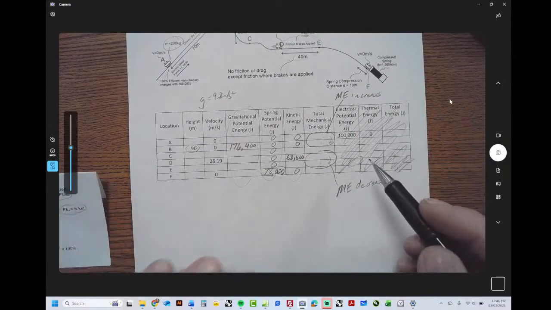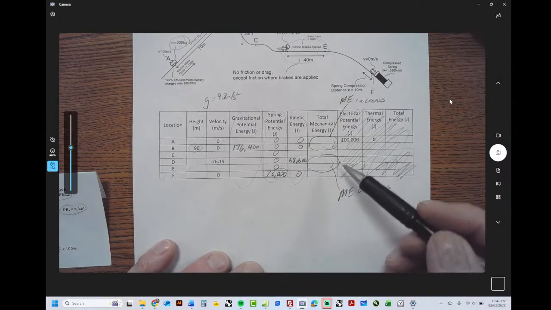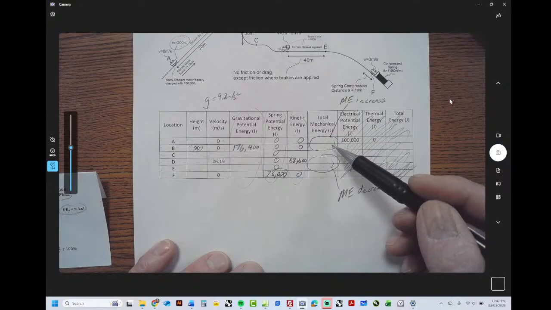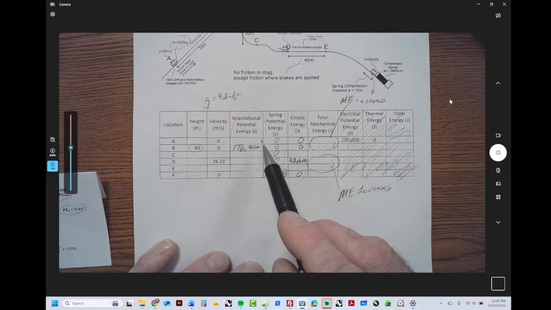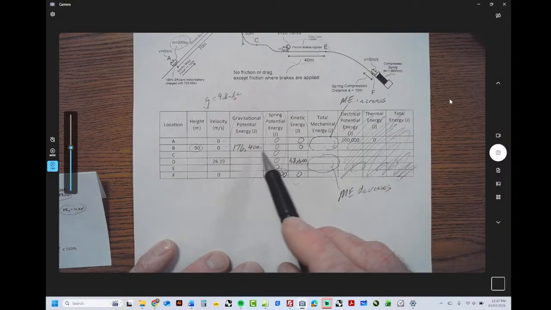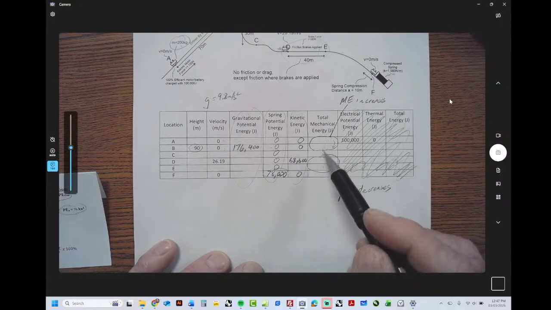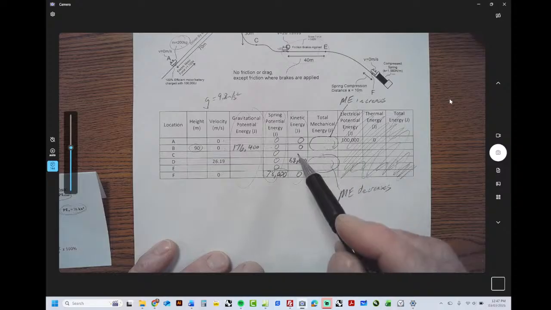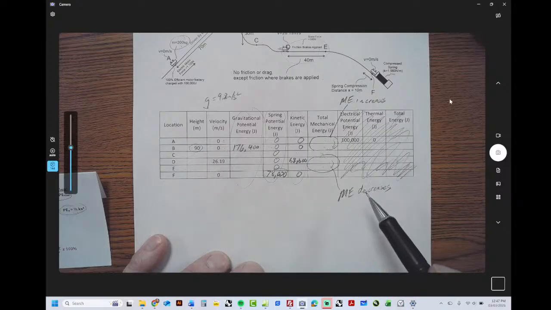Now I've got to use the fact that there are 2 things I'm going to be using. I know how much these are going to increase or decrease by, and I can also find total mechanical energy by adding these things up. What I'm going to be able to do too is, once I have mechanical energy, infer or deduce what some of these other things are inside here.